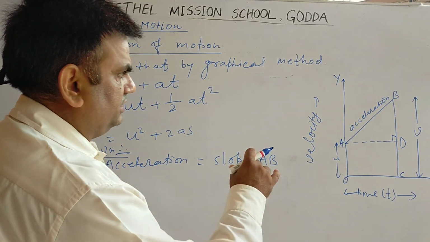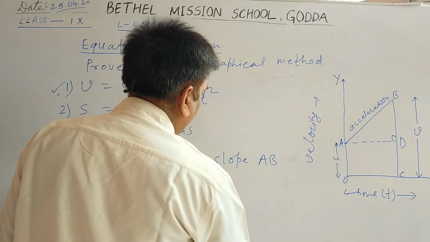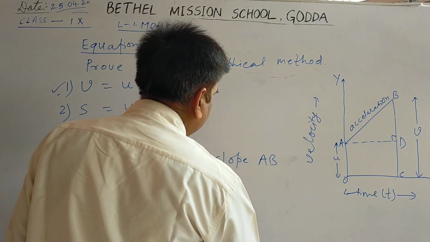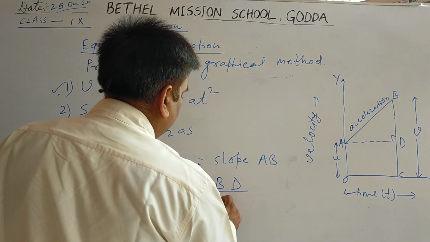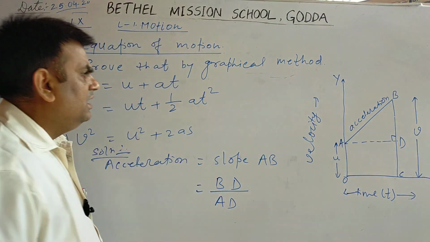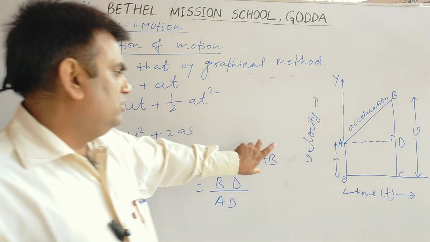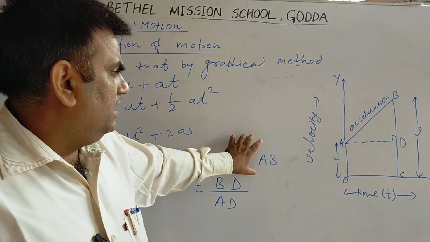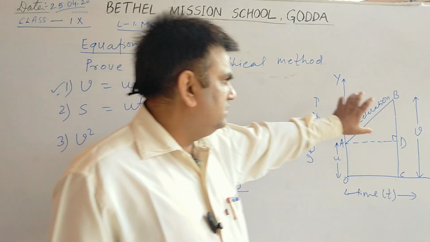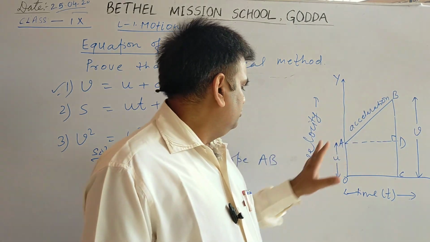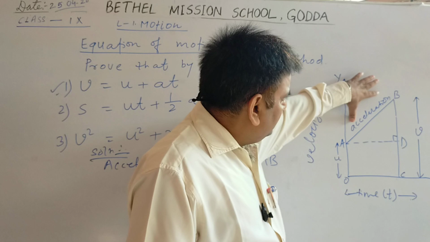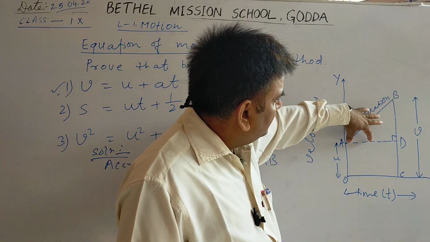So we can write in place of AB, BD by AD. We will study this in the next class, class 10, because this is related to trigonometry. So you have to learn it here. AB equal to BD by AD.